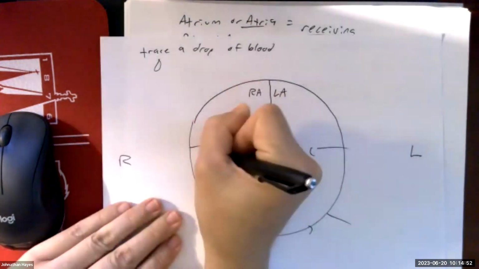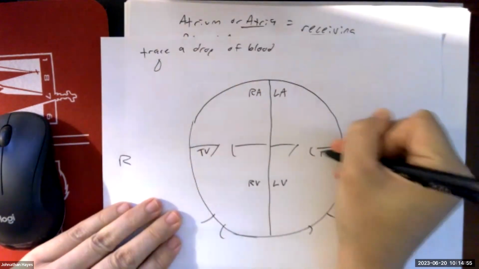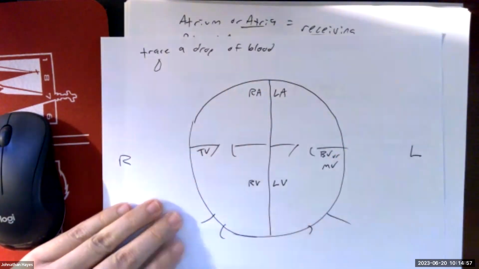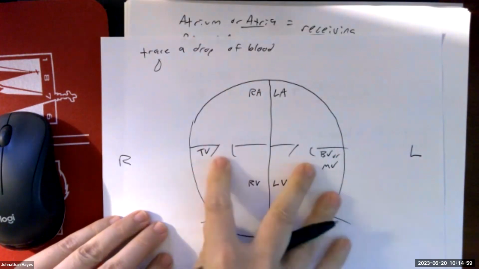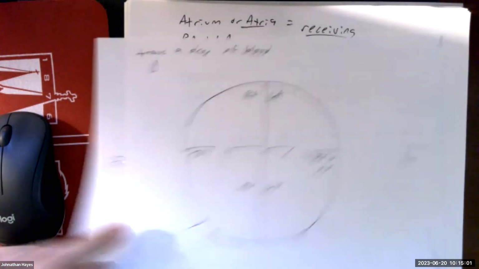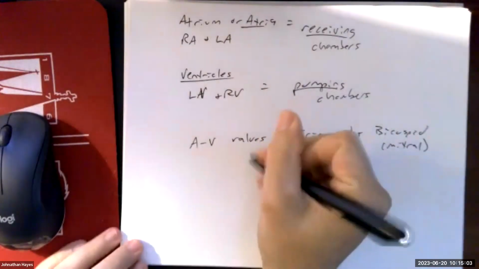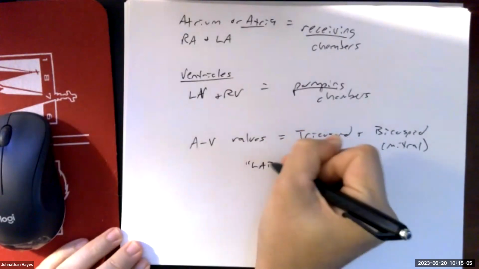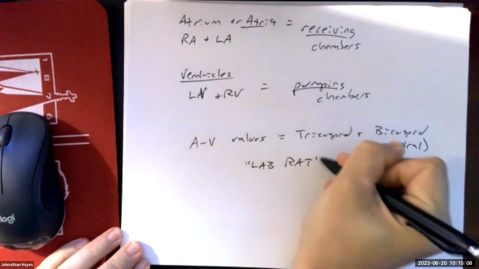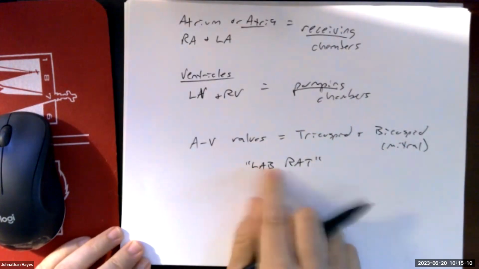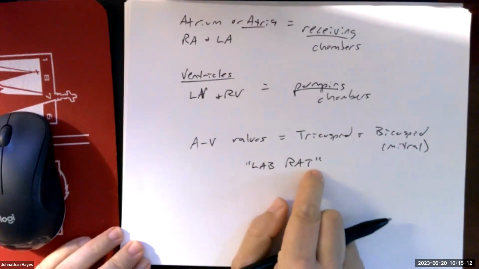So this is our tricuspid valve on the right. This is our bicuspid valve or mitral valve on the left. How do you remember which valve goes with which side? Just use the mnemonic LAB RAT to remind you, okay? So if it's the left side, it's bicuspid. If it's the right side, it's tricuspid. Okay?